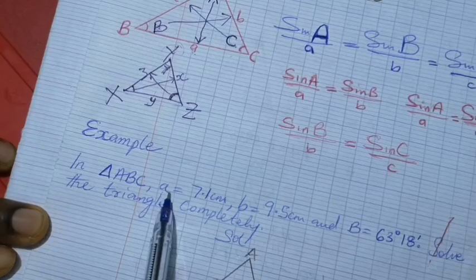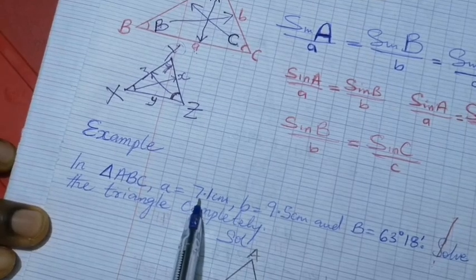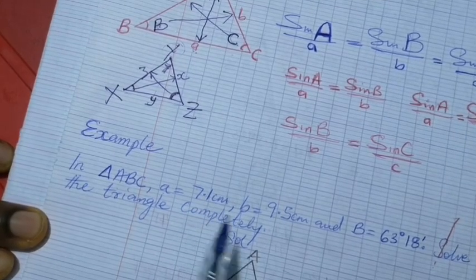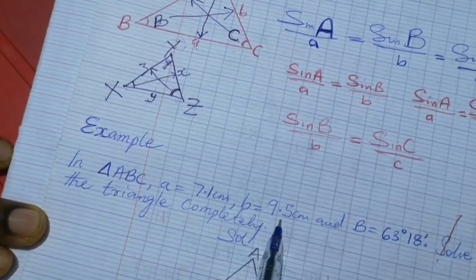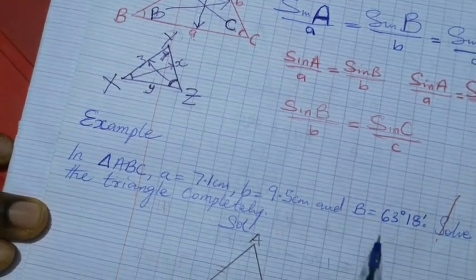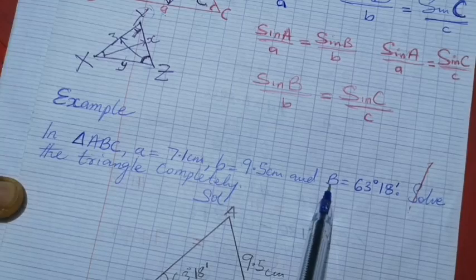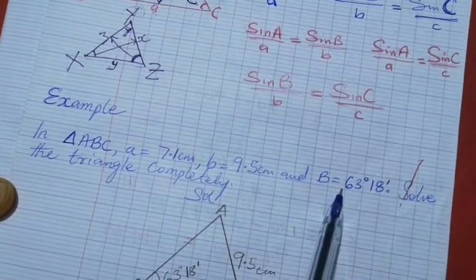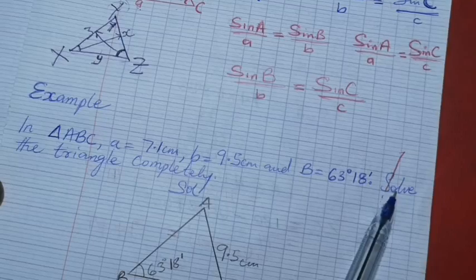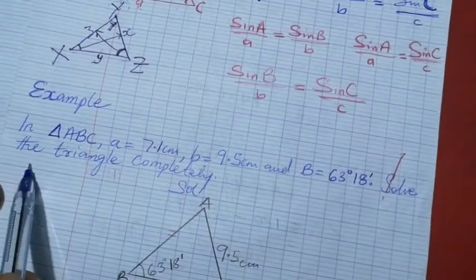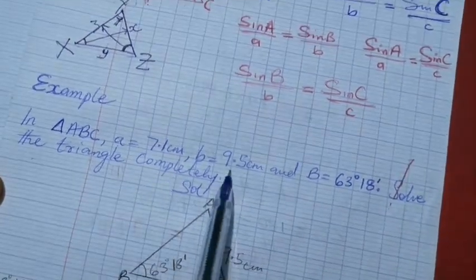Side a is equal to 7.1 cm and side b is equal to 9.5 cm, and angle B is equal to 63 degrees 18 radians. Okay, now solve the triangle completely.